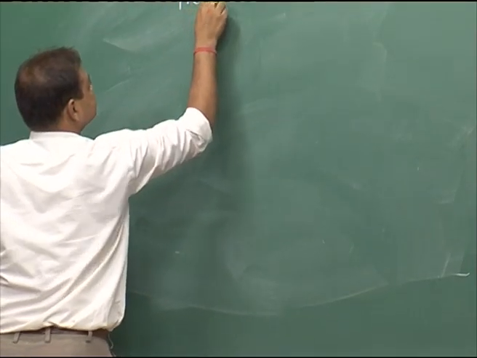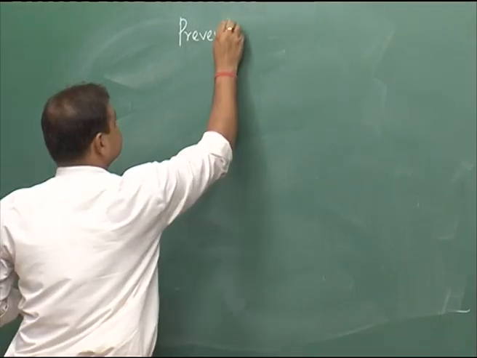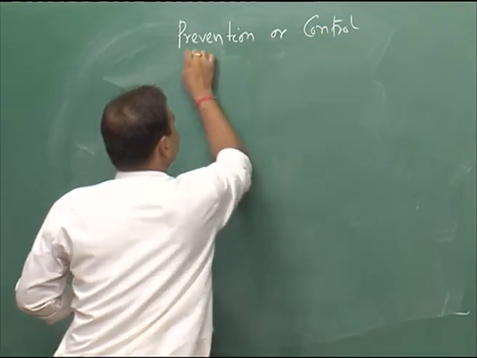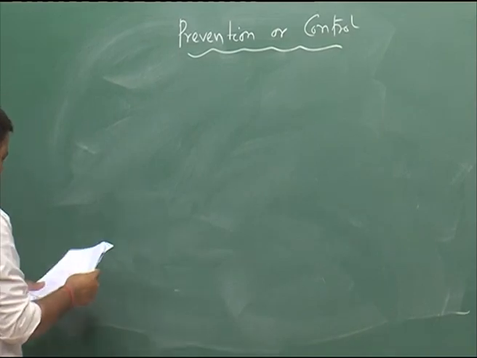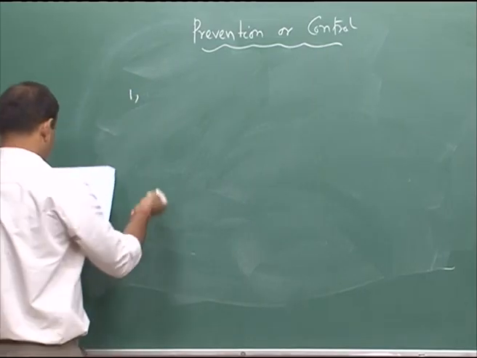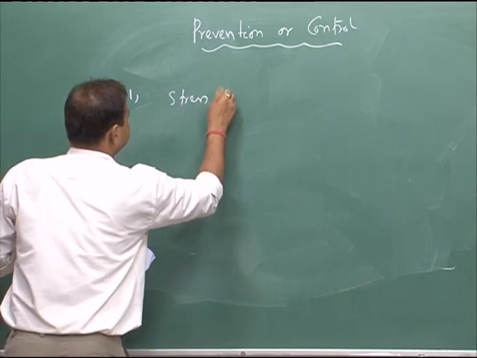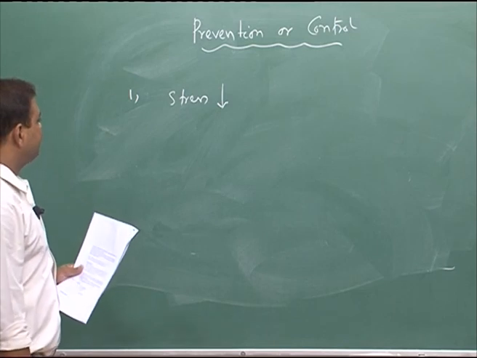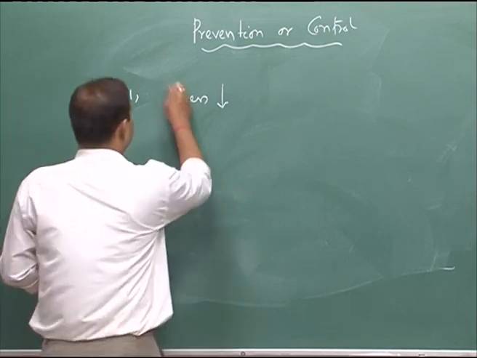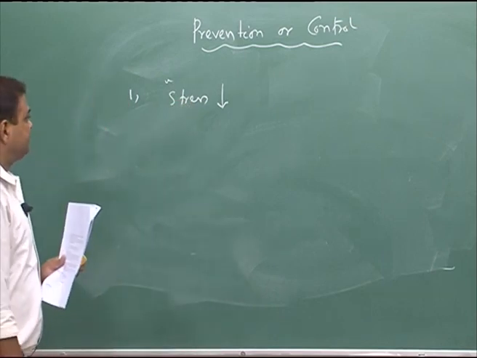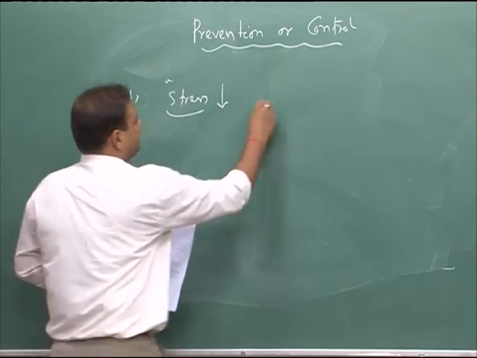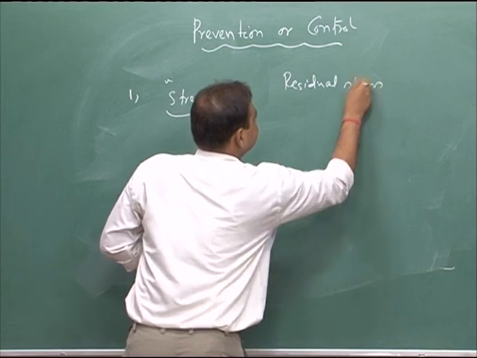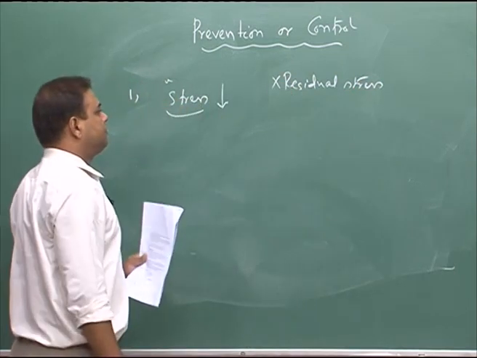Now, let us come to the prevention mechanism or control. One is stress, if it can be lowered or decreased on the component. If we do not decrease the stress, you can get rid of residual stress by low temperature annealing.